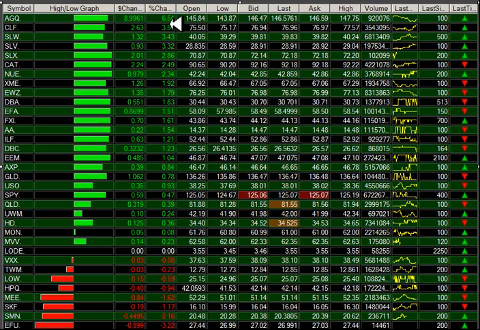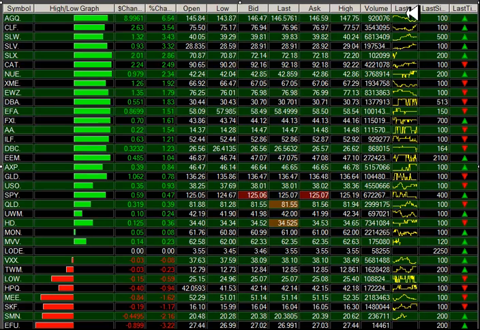So by sorting on percent change, I can get a real quick read on where the strength in the market is. I don't use volume that much. I have it as a default setting on this one. I am really focusing on things that are already very liquid, and so the differences in volume are not necessary for the way I trade.